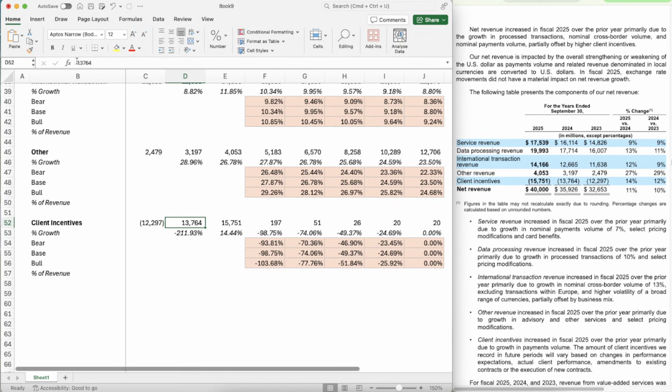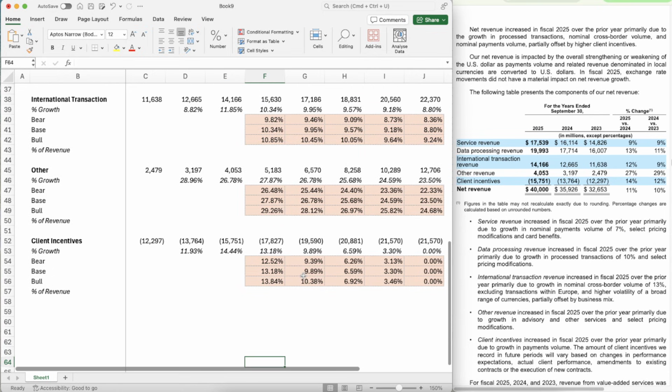Oh, sorry, negative. We will say that, yeah, let's keep it at about, let's say 12%.